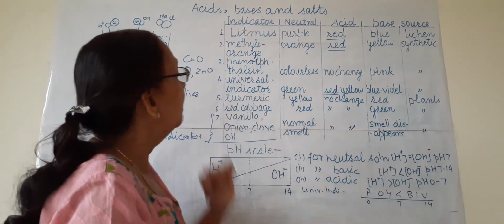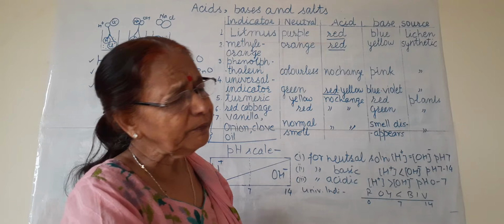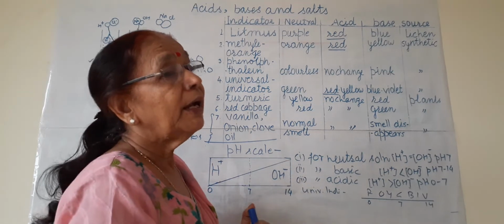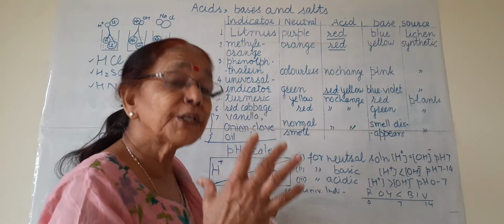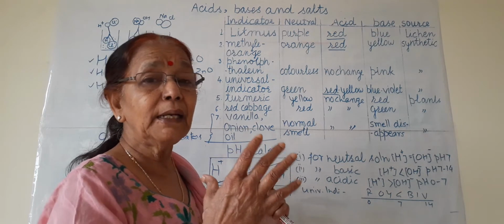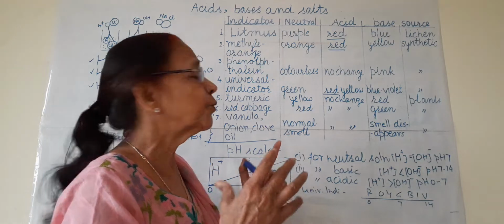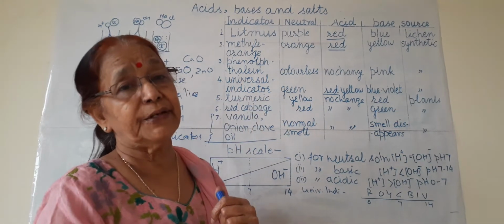Now coming to the universal indicator, as the name indicates, it can test all the acids and bases. And what is this? This universal indicator is the mixture of many colored dyes. Many colors, many colored dyes or many chemicals, they are mixed together to form this universal indicator.